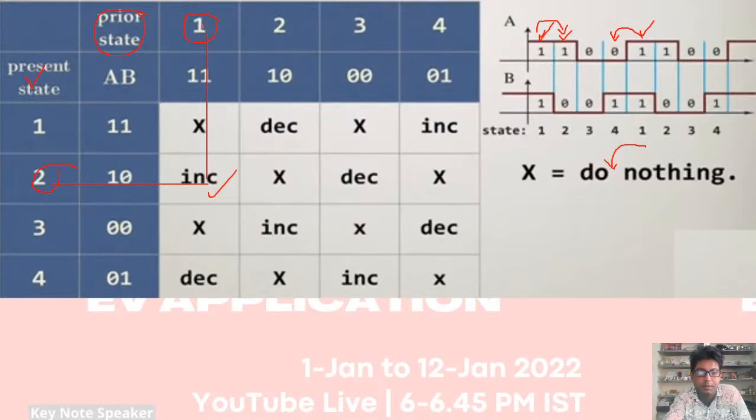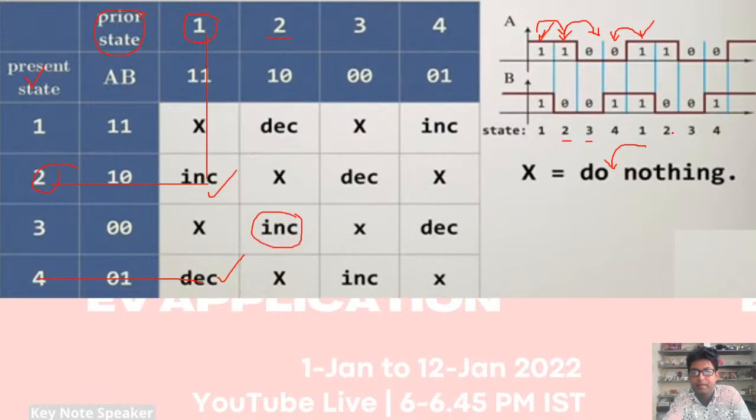So you see, this is my past state and present state, if it is 4, then I am decrementing. You can take another example. If my past state is 2 and present state is 3, it is going like this, then I have to increment. So I am incrementing.